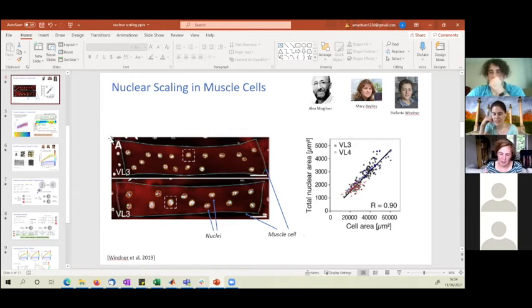As if the cell says, okay, for this cell size, because I'm a muscle cell and I have to work that hard, I need 10 nuclei, but plus or minus 5. And then if I don't get it right, I just adjust the size of the nucleus accordingly. If I have more nuclei than I roughly estimated, then I just make them smaller.